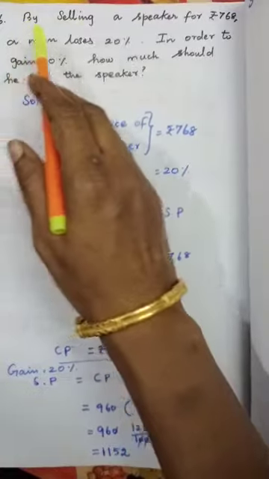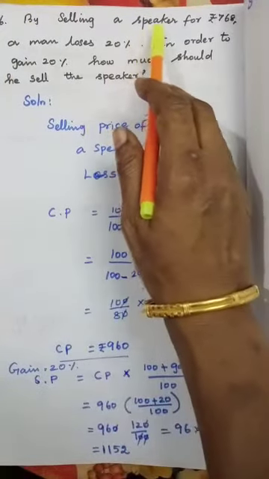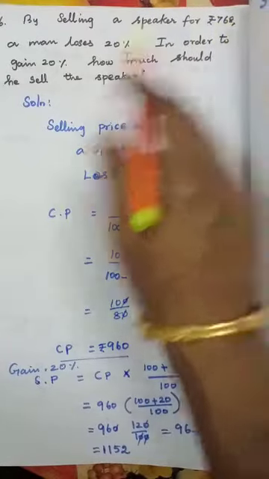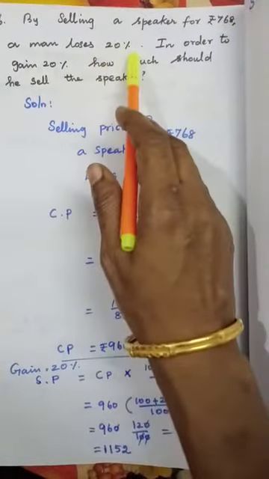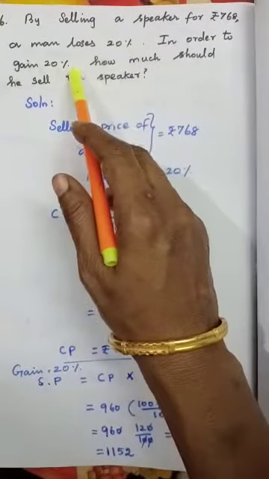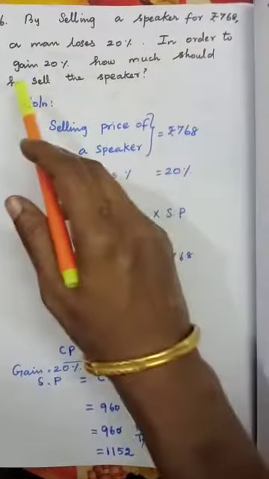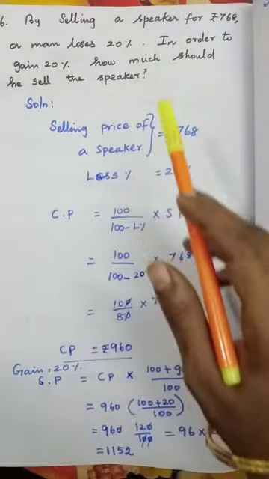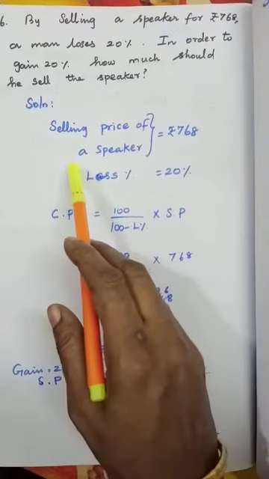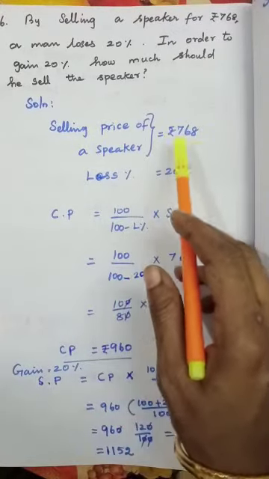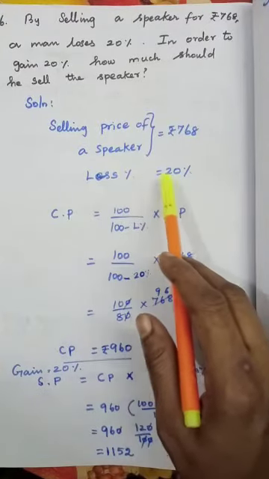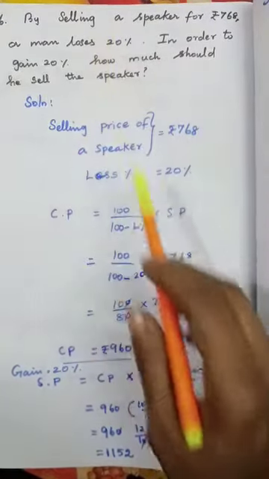Sixth problem. By selling a speaker for rupees 768, a man loses 20%. In order to gain 20%, how much should he sell the speaker for? Solution. Selling price of the speaker is rupees 768. So loss percent is 20%.